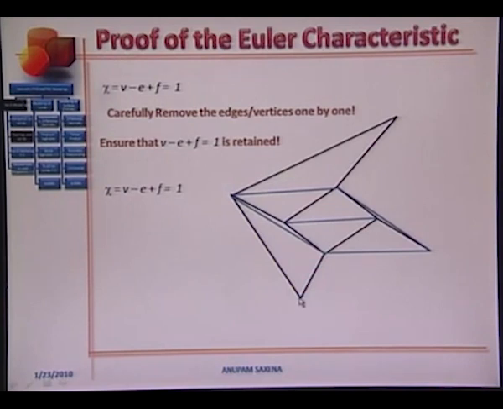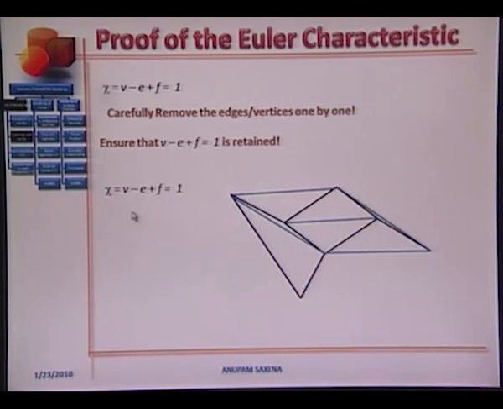Now, if I remove this vertex or this vertex, and the two edges together, there is a decrement of 2 in the E value, a decrement of 1 in the V value, and a decrement of 1 in the F value.